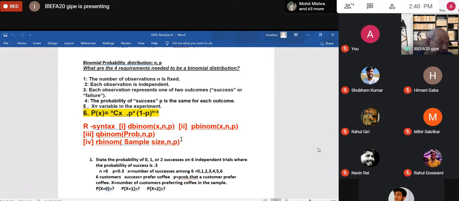So understand the revision that I am going to do on different types of probability evaluation procedure. Syntax is very important, because in the class test also I can ask questions on syntax.